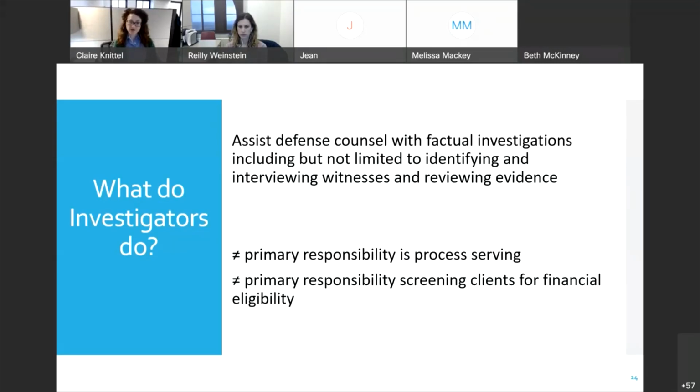We are not looking for investigators whose primary responsibility is process serving or whose primary responsibility is screening clients for financial eligibility. Again, it matches the ILS 195 definition, and there are a number of materials on that, so you can reference that for this particular piece.